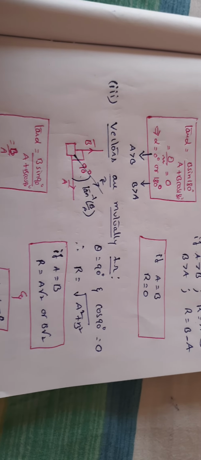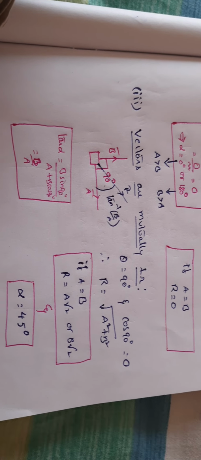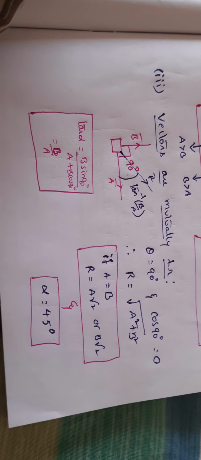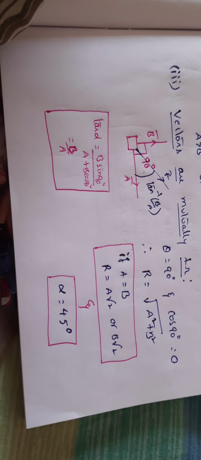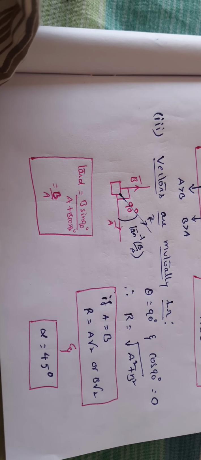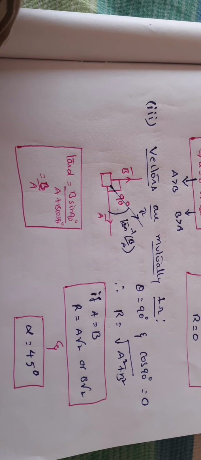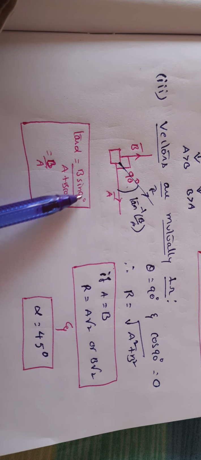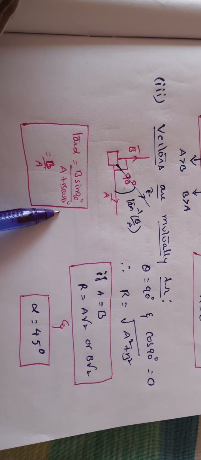Right? Vectors are mutually perpendicular. Yes, the resultant is the square root of A square plus B square. You can do it directly by applying Pythagoras theorem, or you can substitute it in your magnitude formula. And tan alpha is equal to B sin 90 by A plus B cos 90.